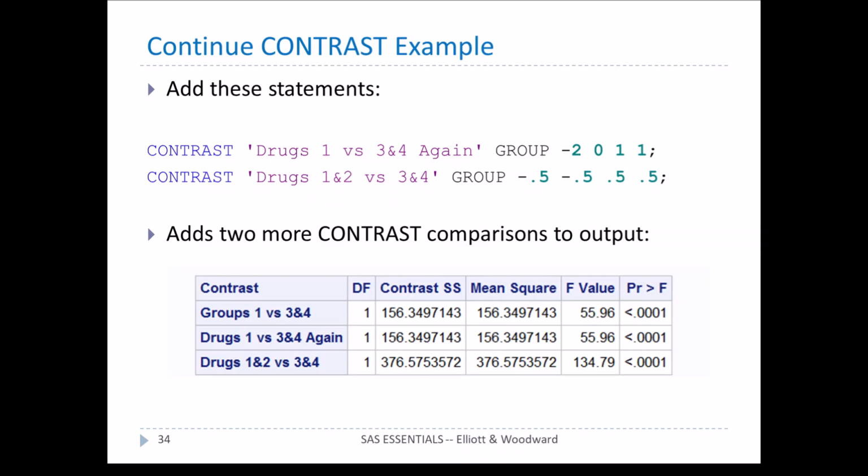You can see in the table below, the first two have identical results because they're basically identical contrasts. I just wanted to show you that you could do it. There's no secret to choosing the values, other than that the sequence of values adds up to 0. And then the last one there, again, comparing 1 and 2 versus 3 and 4, the p-value is less than 0.05. So we would say that there is statistical evidence that comparison is statistically different.